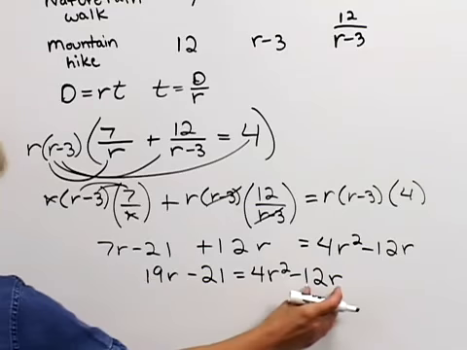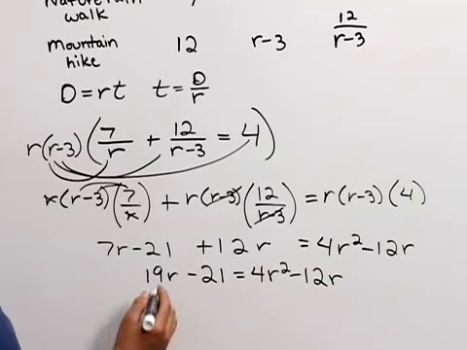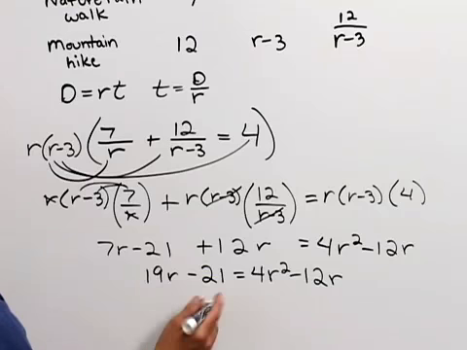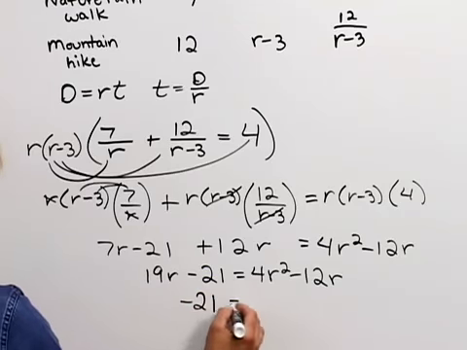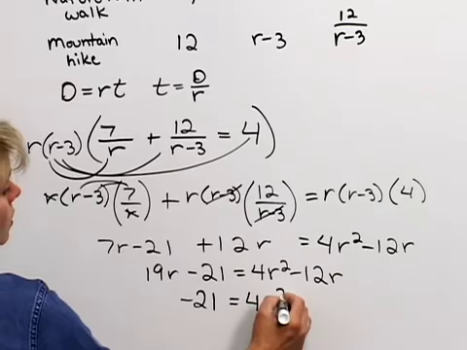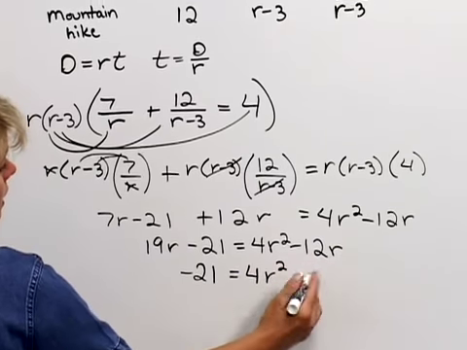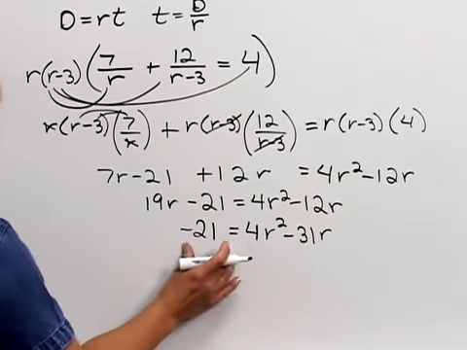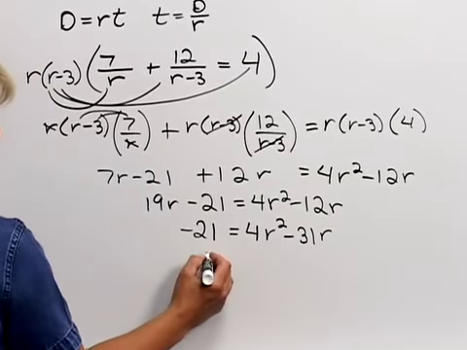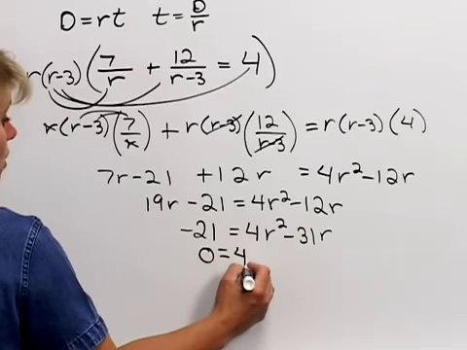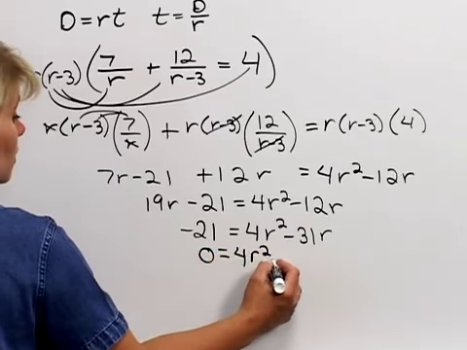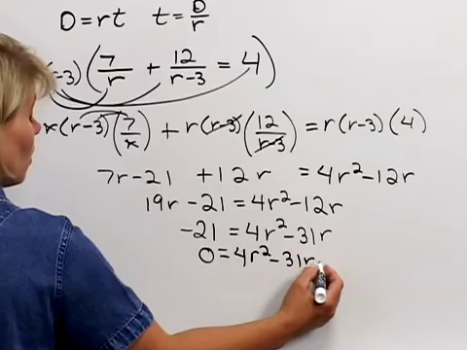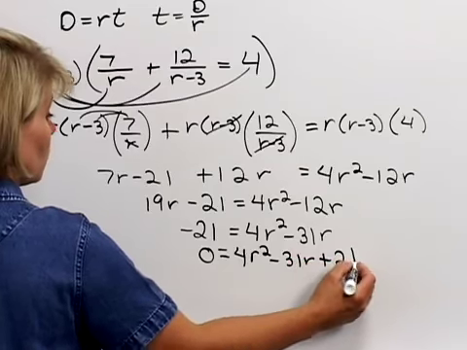If we subtract 19r from both sides, that will make this disappear. You're left with the negative 21 equaling 4r squared. When you subtract 19r here, you get minus 31r. Now if you add 21 to both sides, you'll get 0 equals 4r squared minus 31r plus 21.